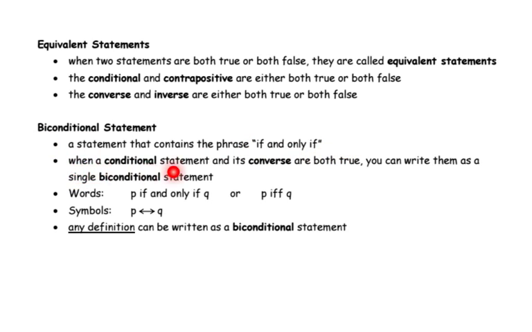When a conditional statement and its converse are both true, you can write them as a single biconditional statement: P if and only if Q, or shorthand IFF for if and only if. Any definition can be written as a biconditional statement. So let's go ahead and dive right in.